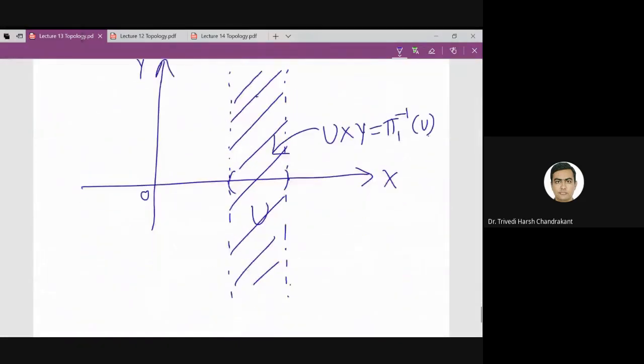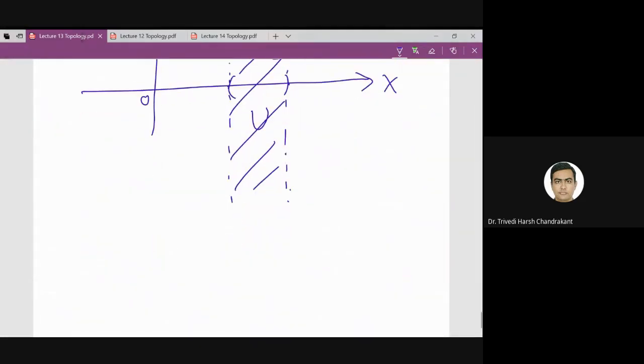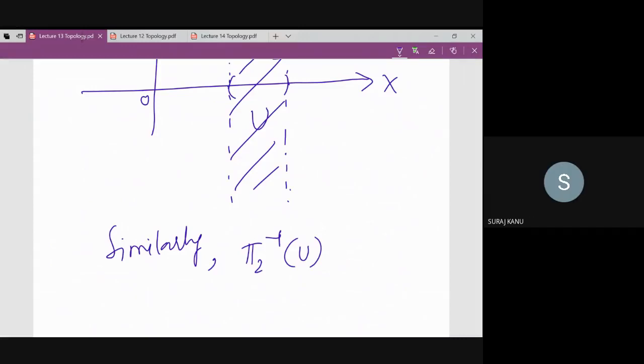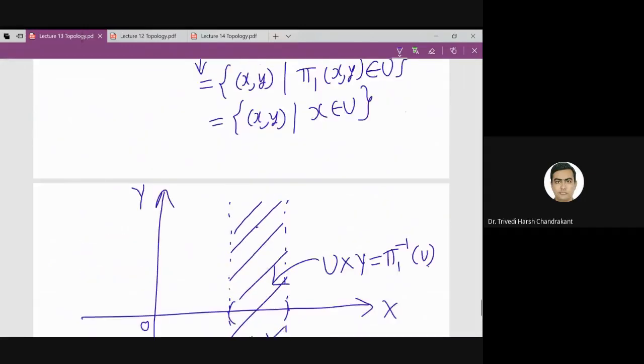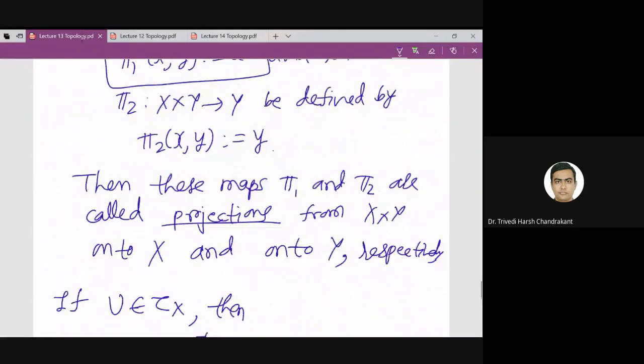So similarly, can I discuss pi two inverse u? But pi two is a map whose codomain is what?